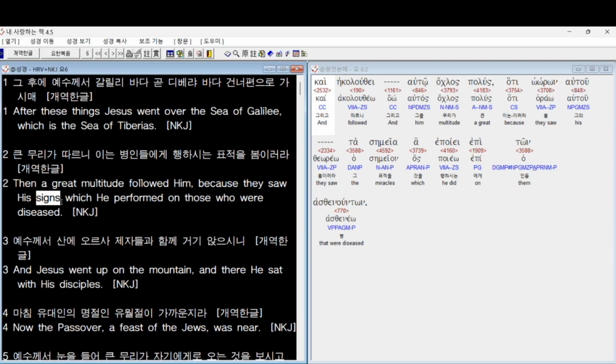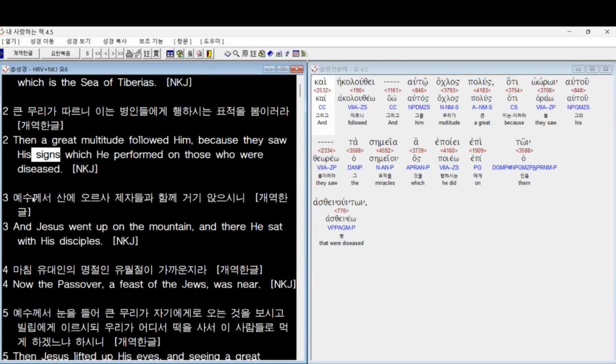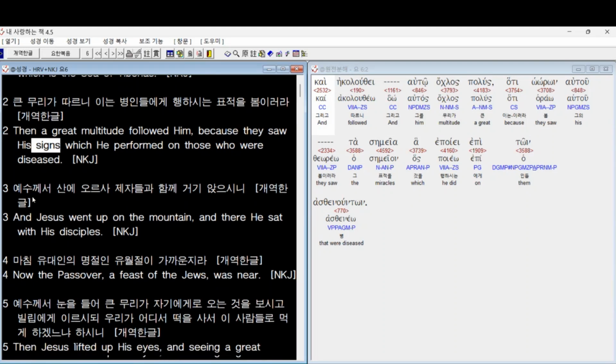During his ministry he performed miracles, curing and healing those who were diseased, and preaching and teaching. All those things were to show the sign, which is himself. About the sign, we already learned many things in many places. The sign itself is Christ Jesus.